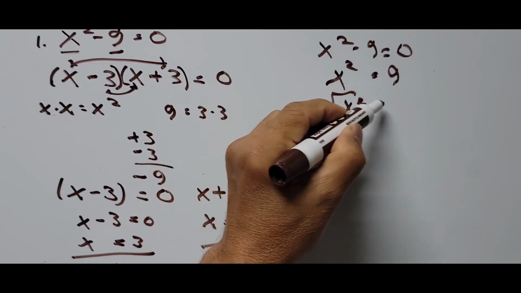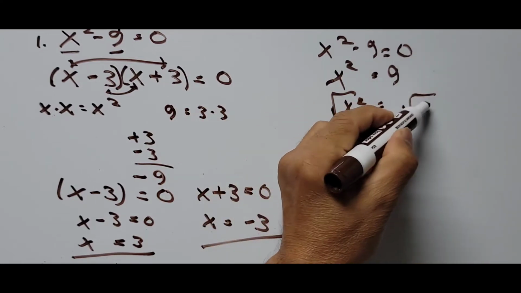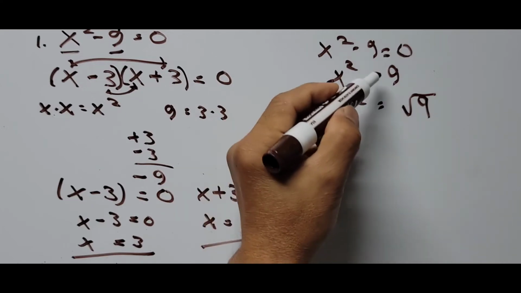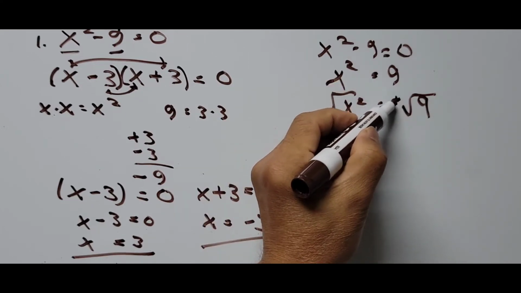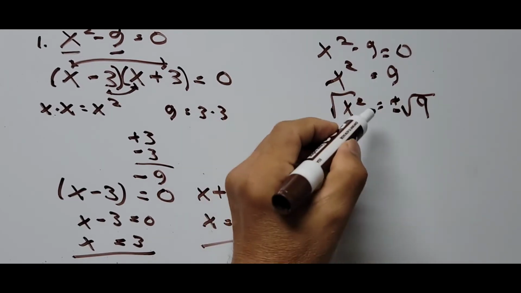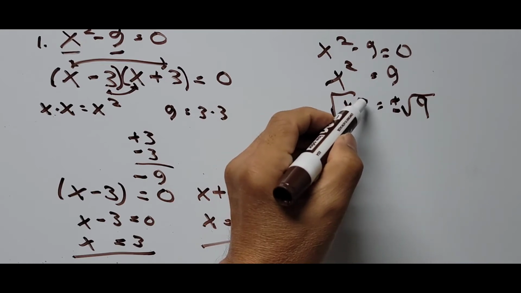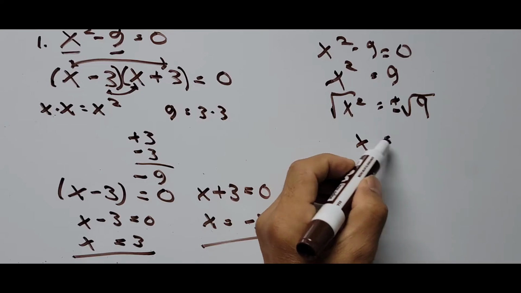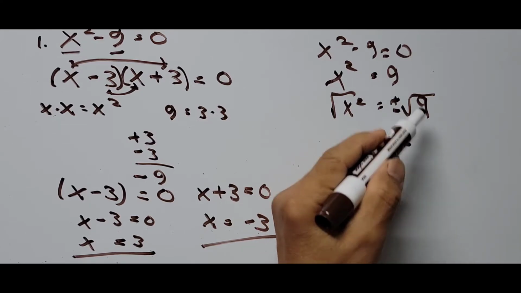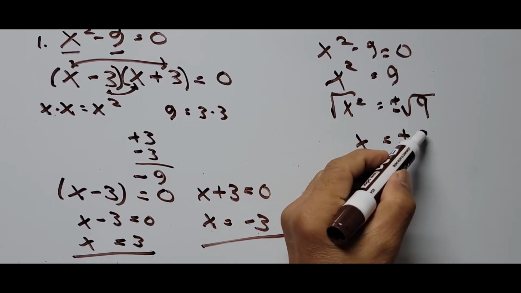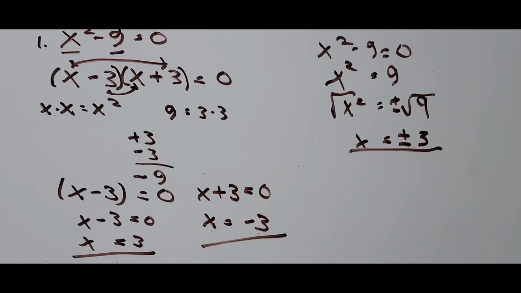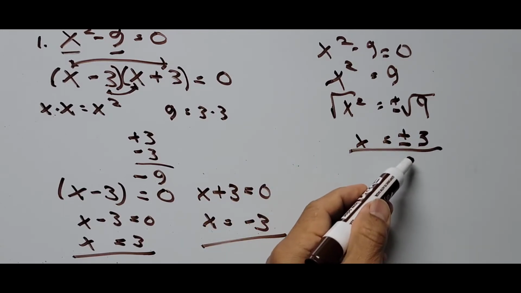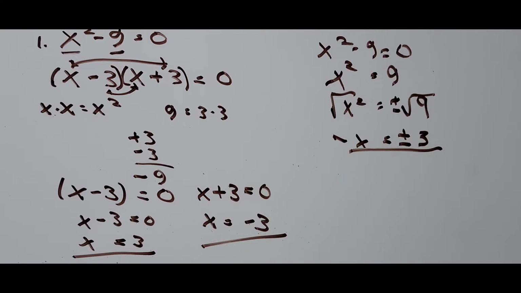So the square root of x squared is equal to the square root of 9. And when you get the square root of 9, you get two answers, positive and negative. This cancels the exponent 2 and cancels the radical. It becomes x is equal to plus and minus the square root of 9, a perfect square, so that is 3. So it yields the same answer, positive and negative 3, the same as here.